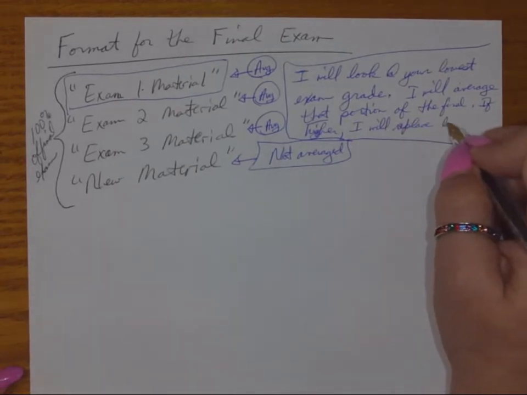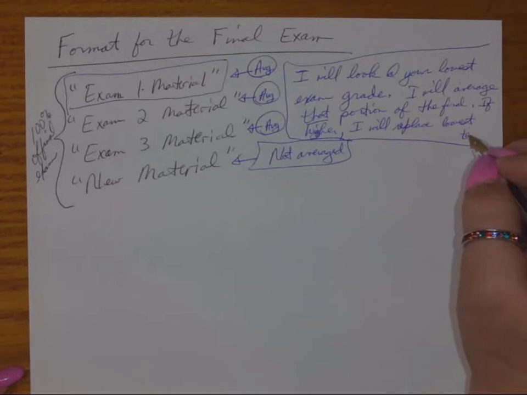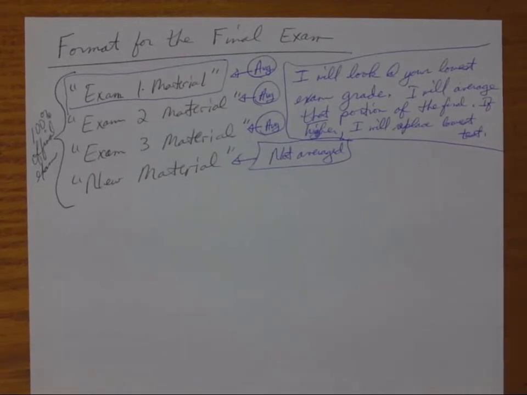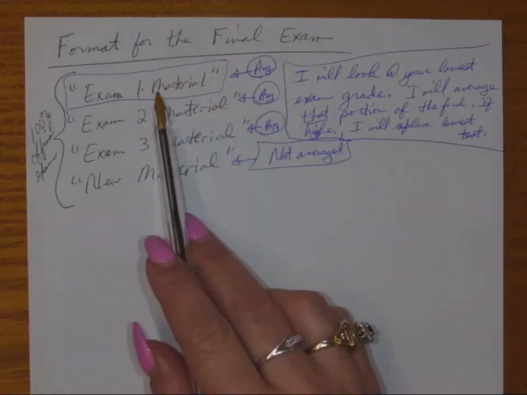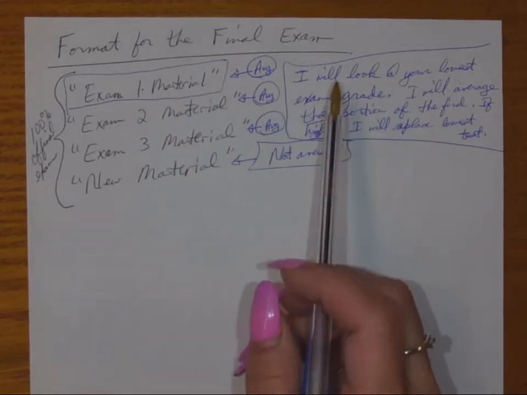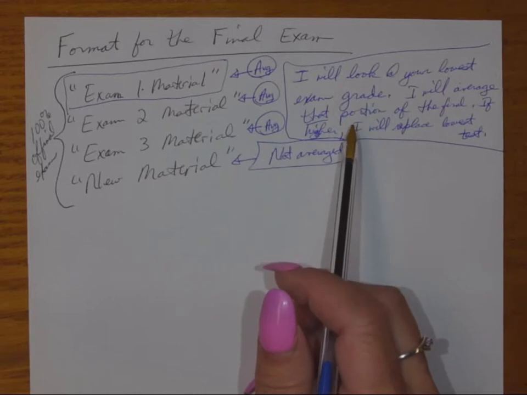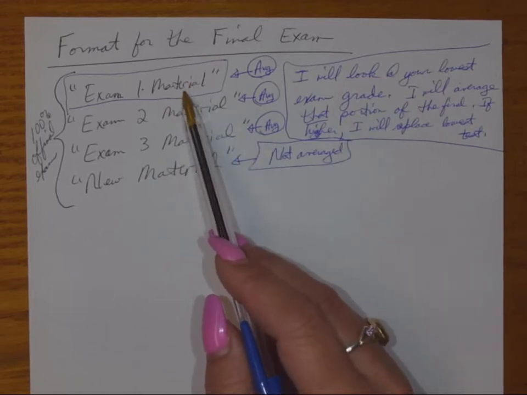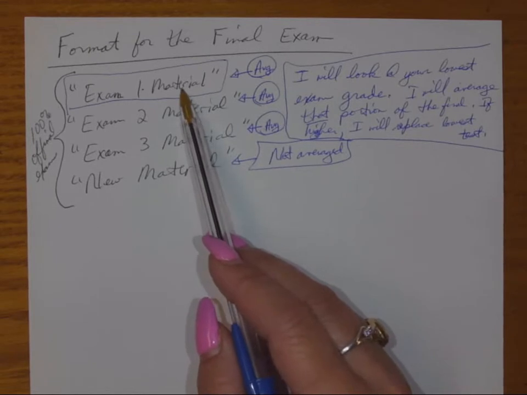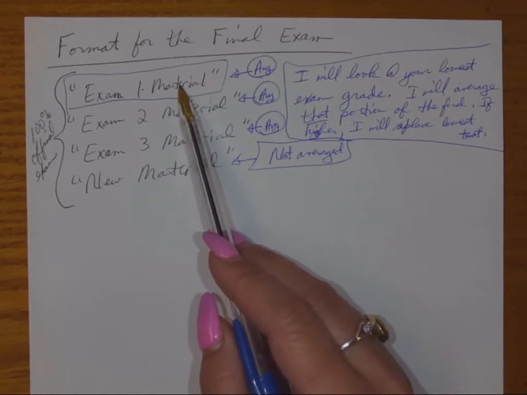Okay, now the good thing is it's not going to hurt you. Say that you made a 70 on exam 1 material, that was your lowest test, and you did the final, but whenever I look at the exam 1 portion of the final, you only get a 69 on that percentage of the grade. Okay, well, I'm not going to drop your grade.